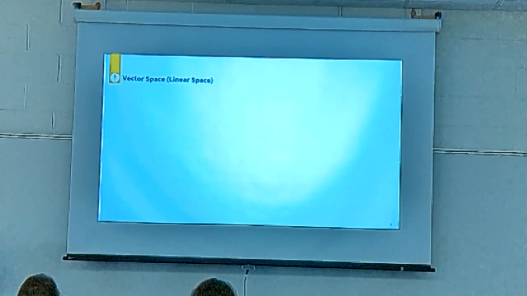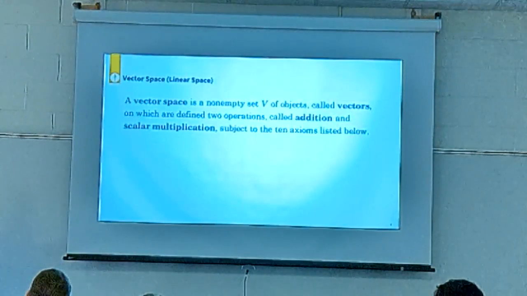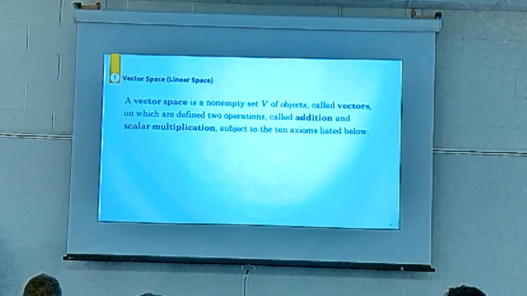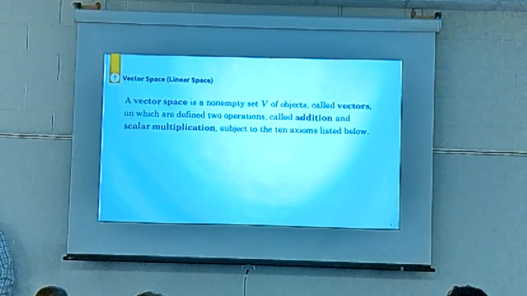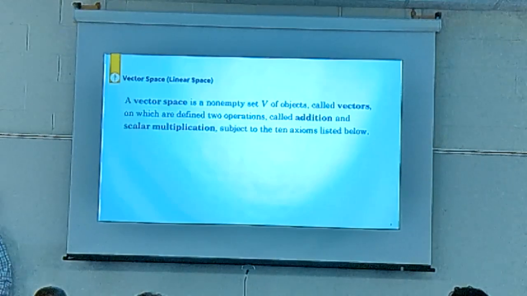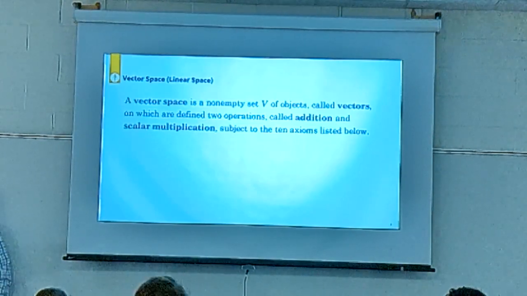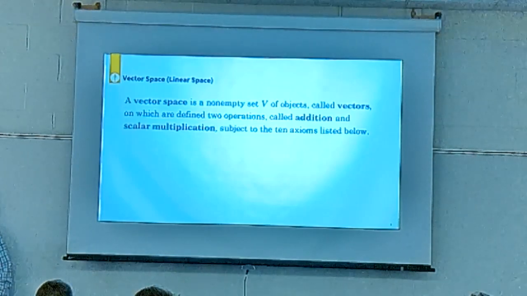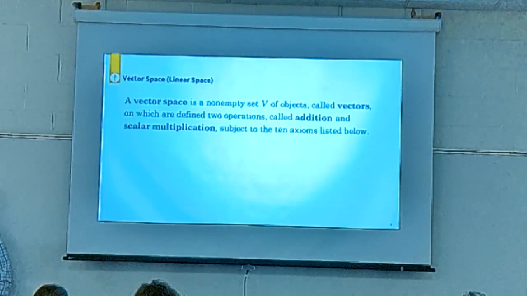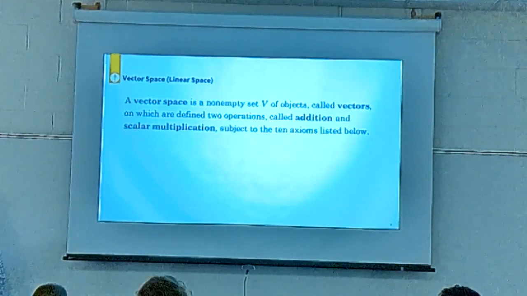The vector space, also known as a linear space, is a non-empty set V of objects. We call each object a vector, on which you have two operations: addition and scalar multiplication.